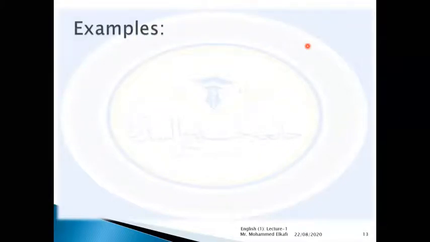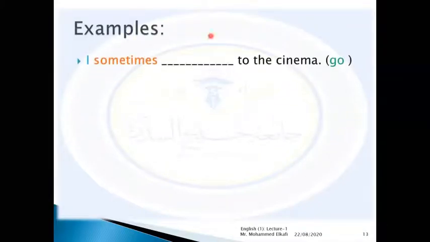So let's take some examples. Here: "I sometimes ... to the cinema." We are given the verb go between brackets, and we should put it in the correct form. Sometimes signals the rule of s, present simple tense. We should add s to the verb in case the subject is he, she, it.